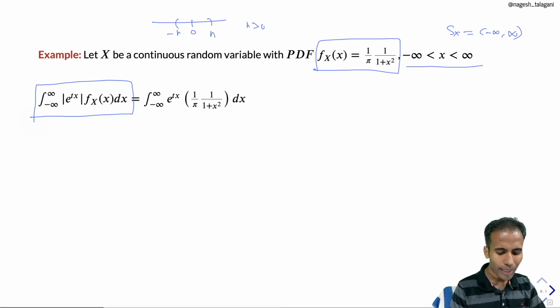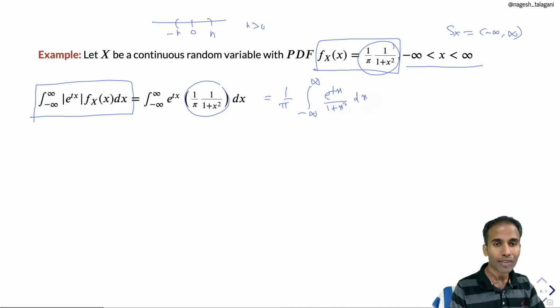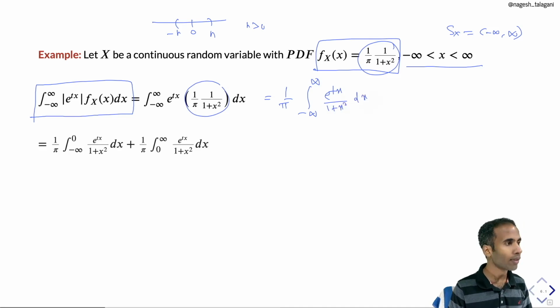So it's going to be the integral from minus infinity to infinity of e power tx, and the PDF is 1 by pi times 1 by 1 plus x square, dx. This we can write as 1 by pi times the integral from minus infinity to infinity of e power tx by 1 plus x square dx. This integral we can break into two parts like this.